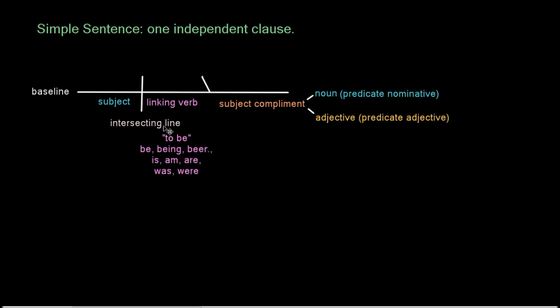So let's look at an example sentence. We'll go with the predicate nominative, or the noun, first as our subject complement. The aliens are Martians. Our main verb is the linking verb to be, or are, which is a form of the verb to be.